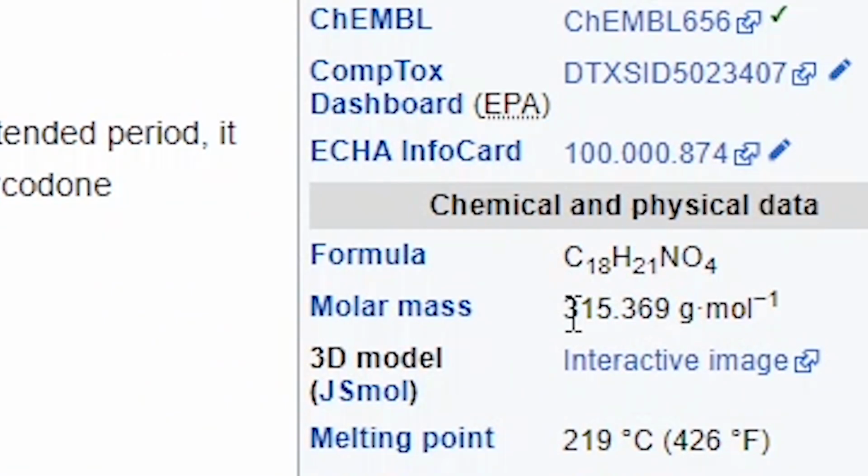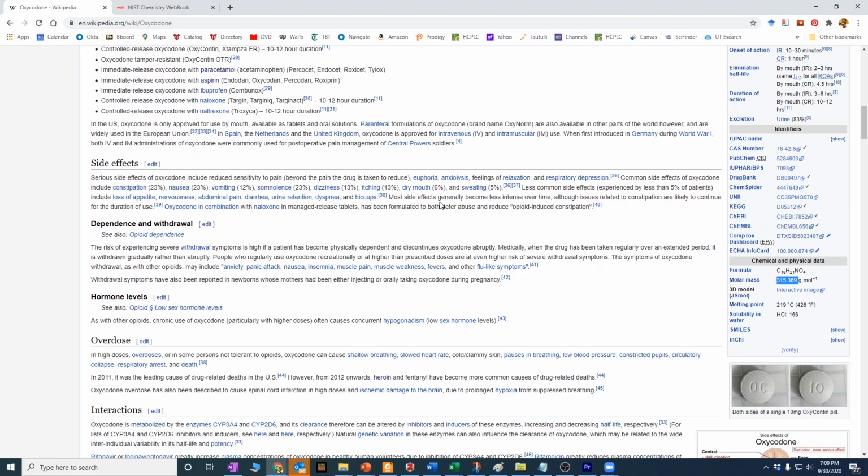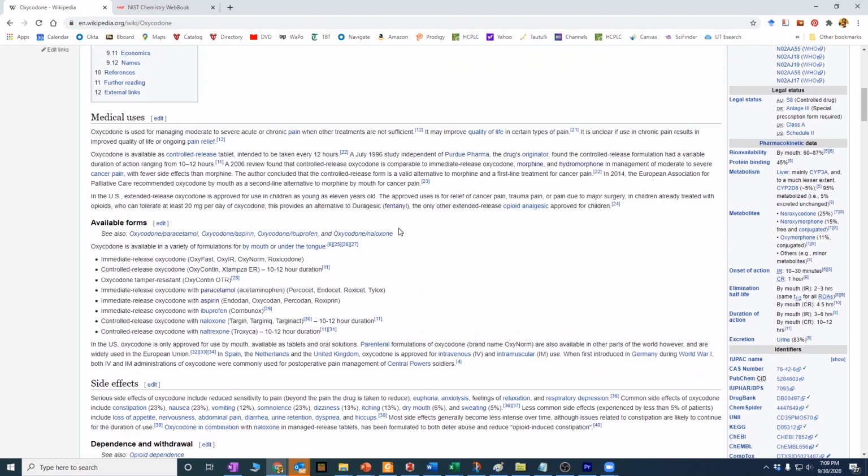Its molar mass is 315. So if we take 315 and put an H plus on there, and H plus has a molar mass of 1, then we get 316. So that peak of 316 is very likely oxycodone.